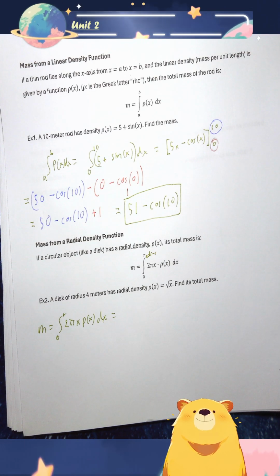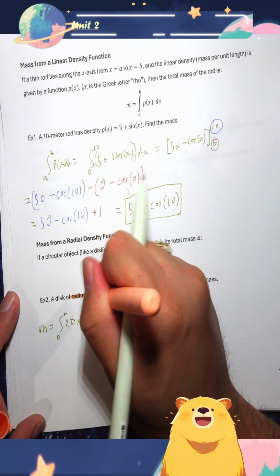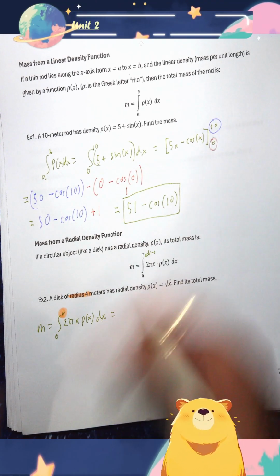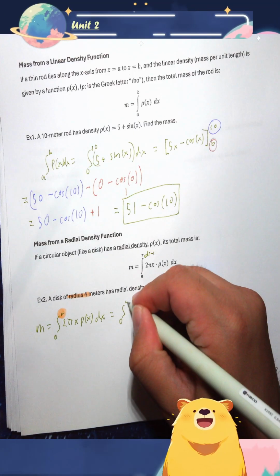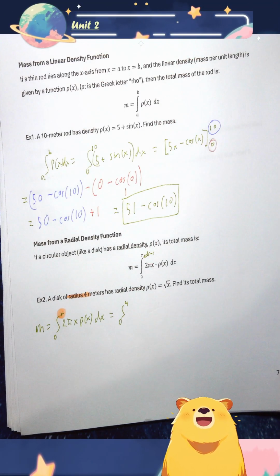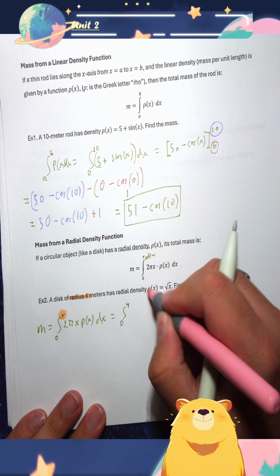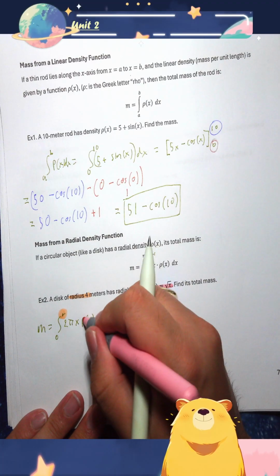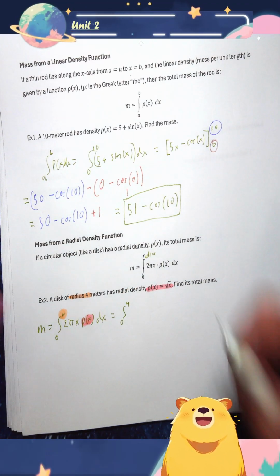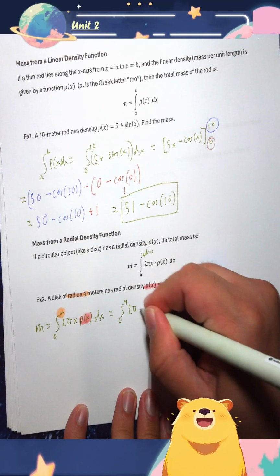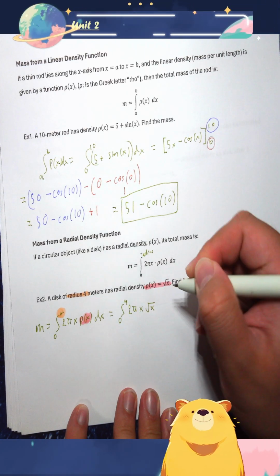It says the radius is 4, so that means that's going to get replaced with a 4. And it says that rho is square root of x. So we have 2 pi x square root of x.